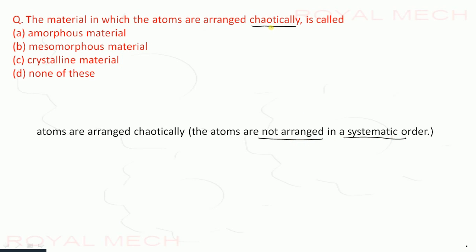So the material in which atoms are not arranged in systematic order is called amorphous material. Therefore option A is the correct option.